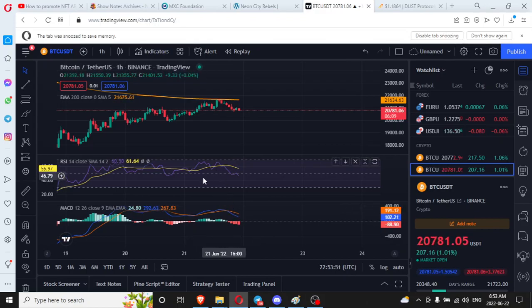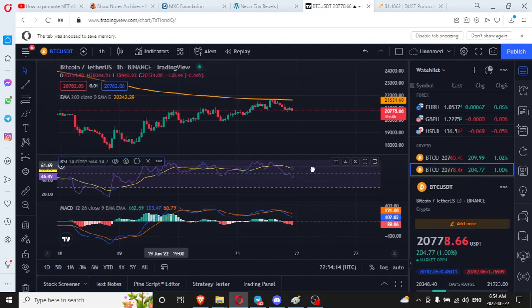You want these two indicators, RSI and MACD, to be on the same page. You want them to be both either up or both either down. Sometimes they're not. Sometimes you would see RSI overbought and MACD would be here. You want double confirmation. These two signals need to align for you to secure a very safe position.